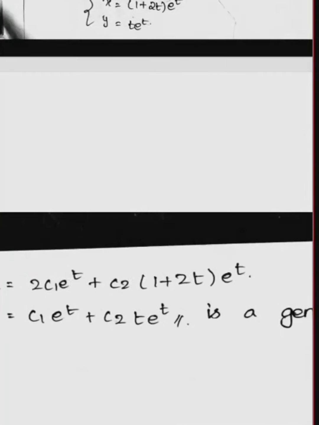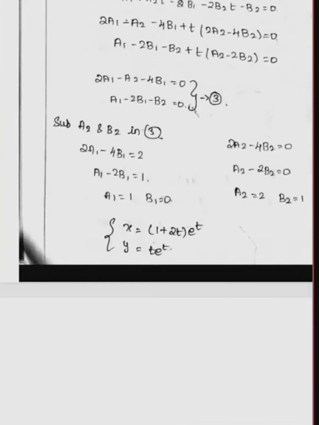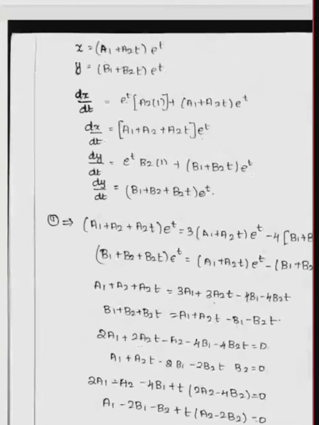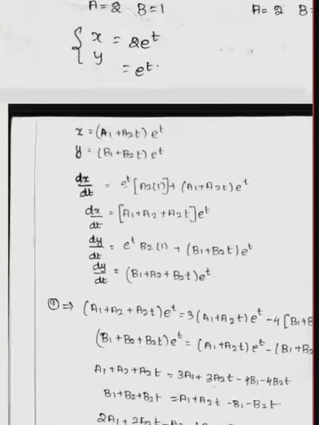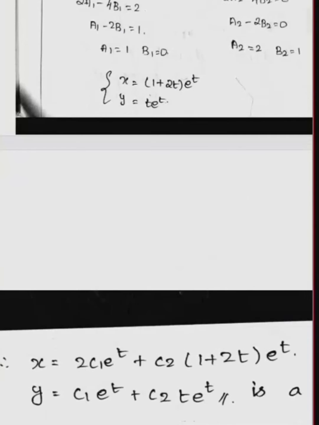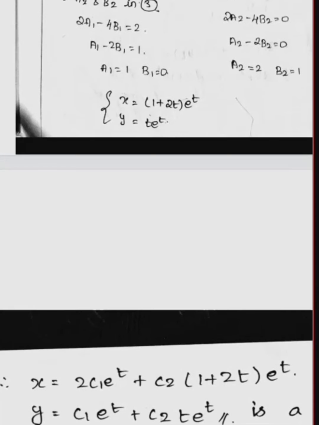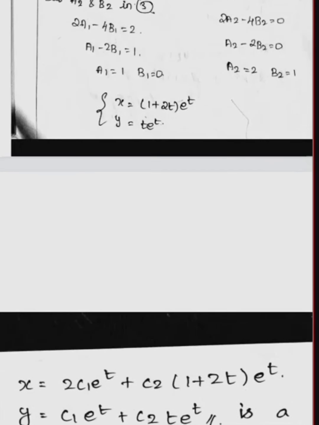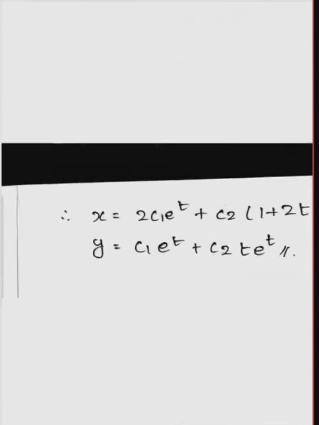By the same way, you write it for y also. Already you derived one solution for y, that is e to the power t. That is C1 into e to the power t in the first one plus C2 into the second solution, which is t into e to the power t. So you write all the values separately. Finally, you add the terms C1 and C2 here. So this is the general solution.